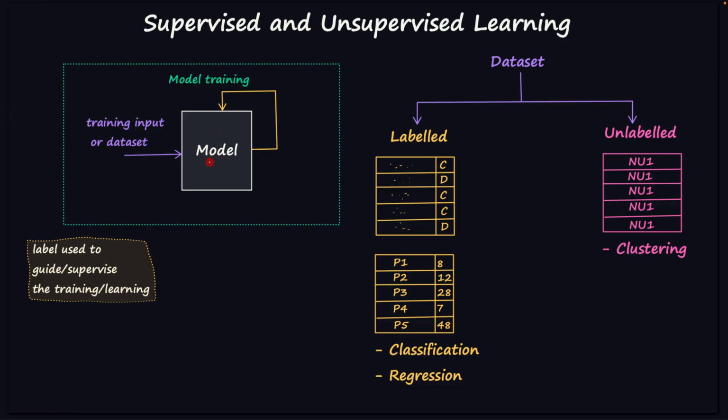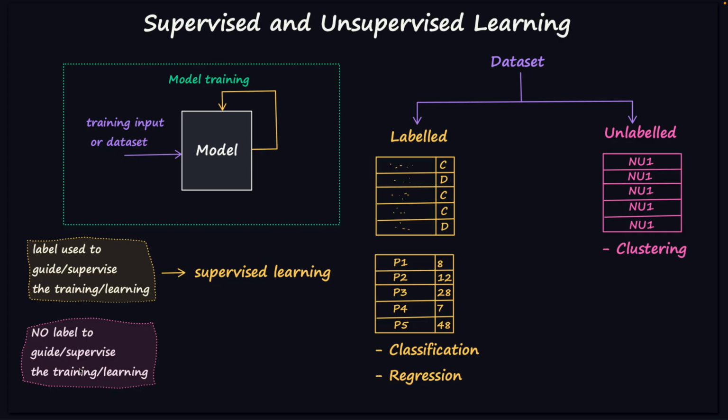So the model will learn how to map this input to this output, right? If we use this type of data set for training, where the output is guiding or supervising the training process, then that type of learning is called supervised learning.